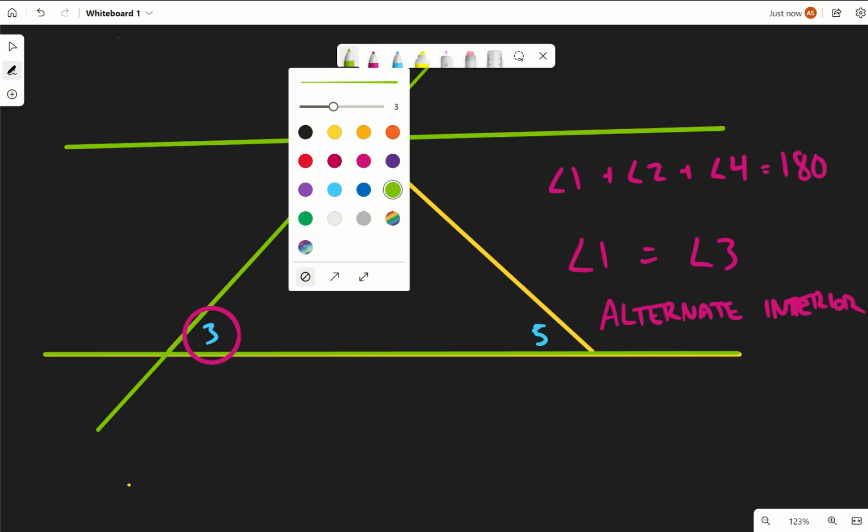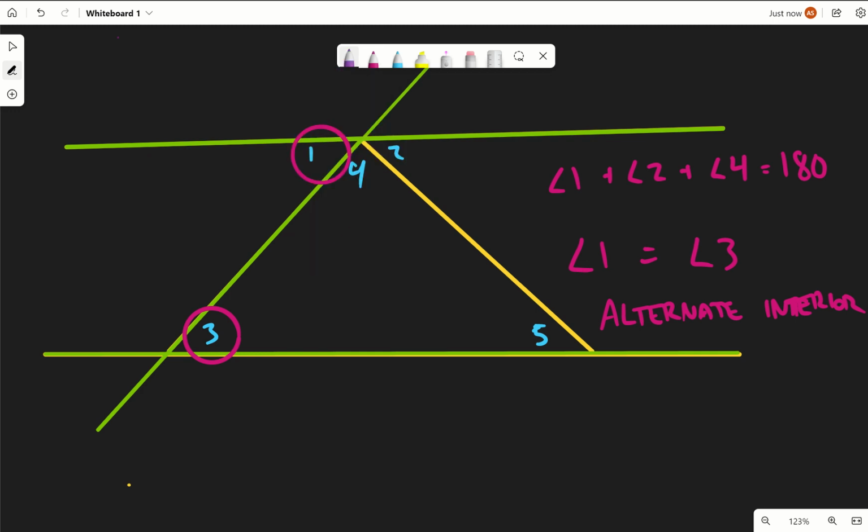Okay, now let's look at our transversal on our other diagonal. So here to here. Pretend that that line matched up straight. Let's look at this line.